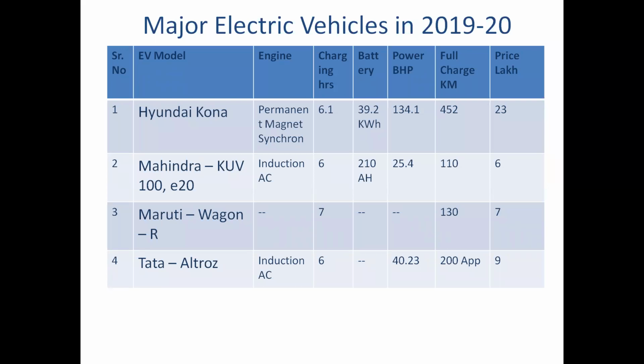Hyundai Kona has a full charge range of 452 kilometers and a price of 23 lakhs, whereas Mahindra, Maruti, and Tata are priced between 6 to 7 lakhs and have a full charge range of just 100 to 200. So that is the difference.